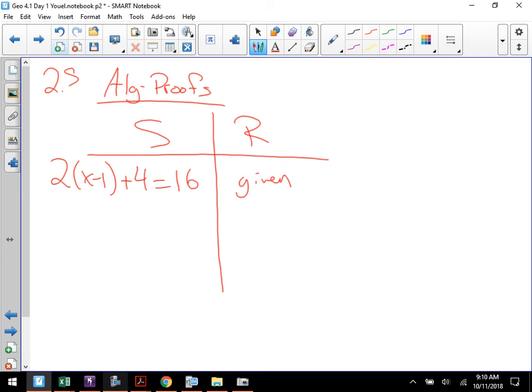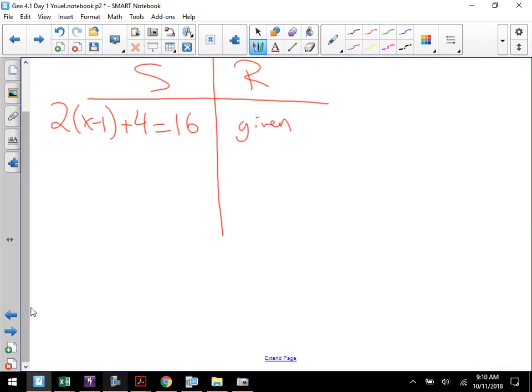And then from there, you had to make a decision. What did you want to do first? Distribute. Okay. So if we go to the distributive property, we would write out the little arrows.